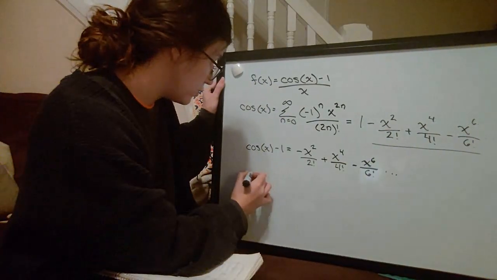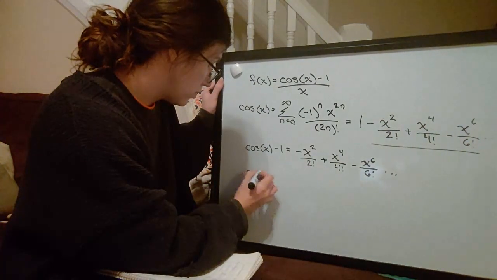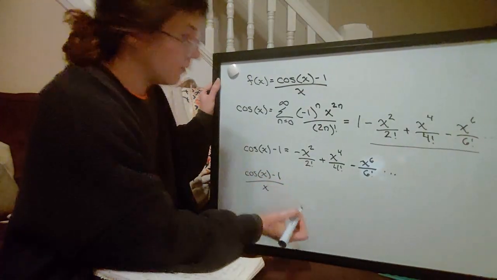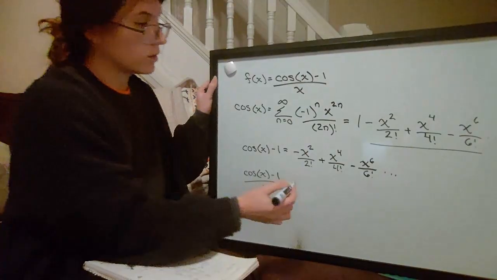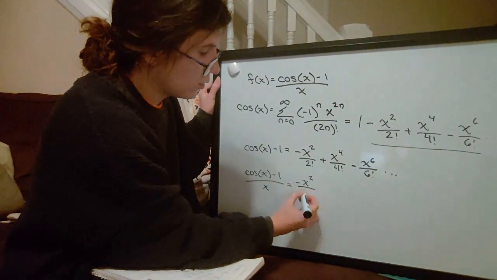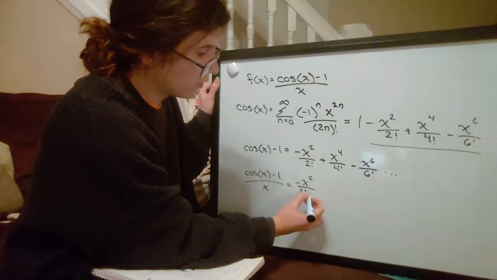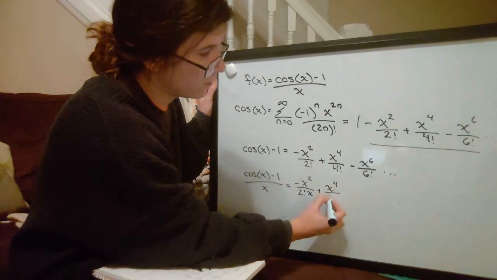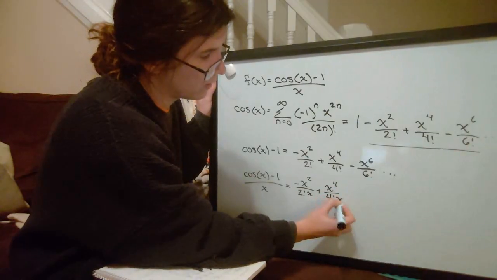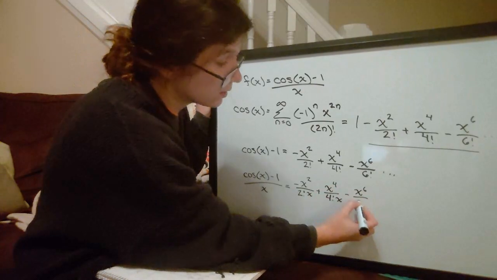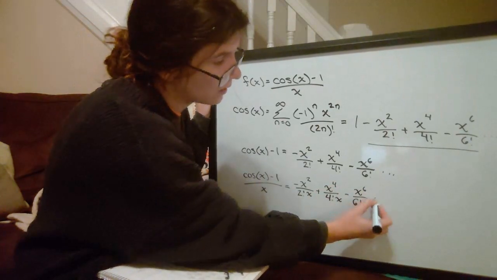So we are just going to divide each term by x. We're going to say x squared over 2 factorial x, plus x to the 4th over 4 factorial x, minus x to the 6th over 6 factorial x.